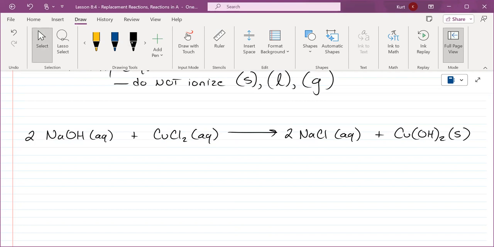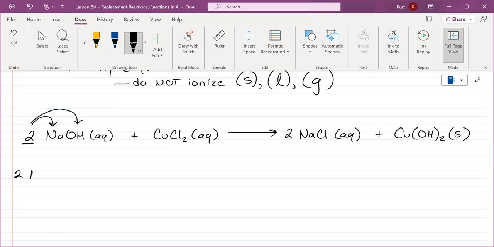I want you to take a look at the first substance here. That is called sodium hydroxide. Is it aqueous? So can you break it up into two things? Yes, you can. Now, that 2 is a coefficient. Guys, that 2 applies to the sodium and the hydroxide. So if I were to break this up, how many sodiums would it break up into? 2.